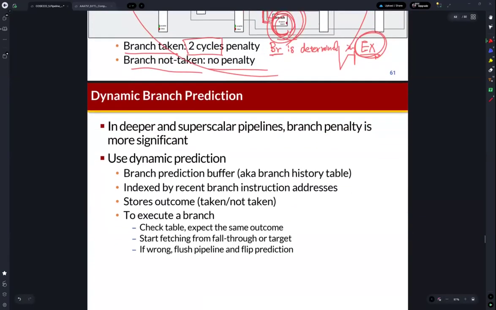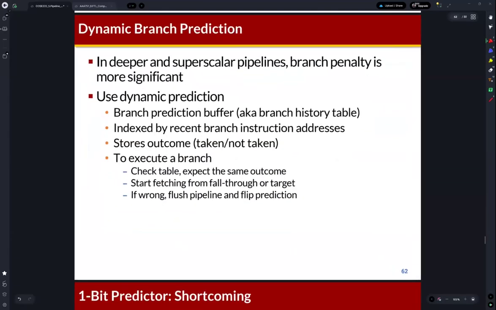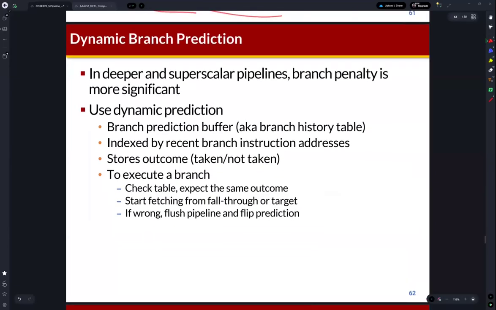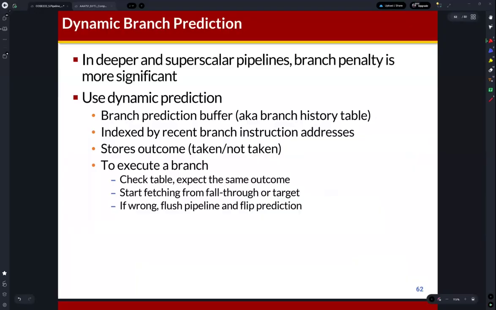But still the clock cycles are wasted. How can we handle these performance issues caused by branch instructions? As I mentioned, this is very critical, right? You might think, oh, just two cycles, or at least one cycle, are wasted.